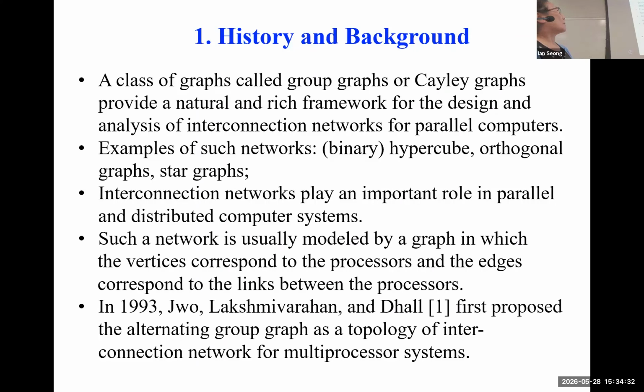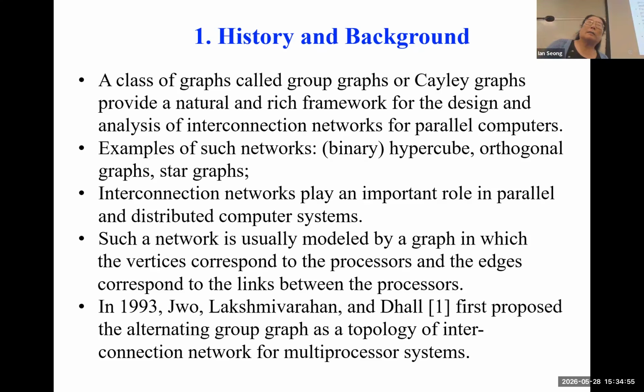This has a lot of application in computer science. Actually, it started when I collaborated with some visitors from China. One of them is in computer science, and she worked on networking. So this class of graphs is actually the Cayley graph of the alternating group.